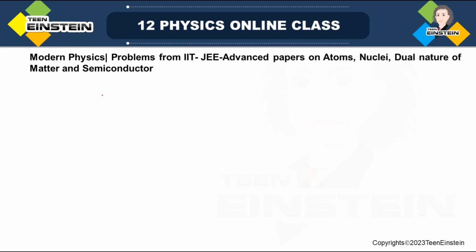Okay, so let us see what we know. We know E is equal to hc by lambda, right? And again, 1 over lambda is R Z square, 1 over n initial square minus 1 over n final square.